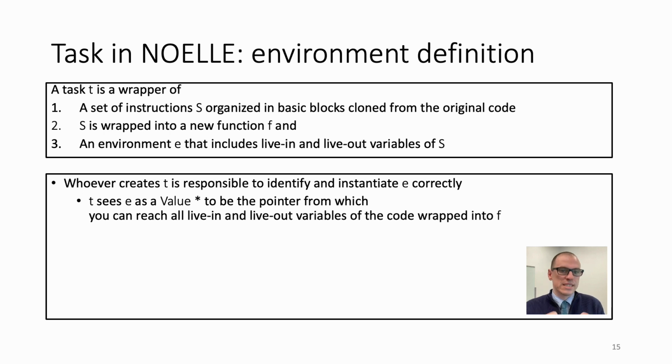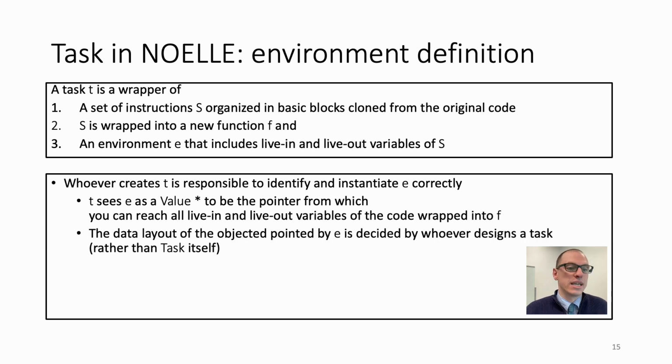So you, as designer of a new task, you are in charge to decide how to lay out this object, where to put the live in and live out, and then you need to manually add the code in the task entry basic block and the task exit basic blocks that is coherent and consistent with your design decisions about the object that contain the live in and live out variables. So you need to decide the data layout of that object.